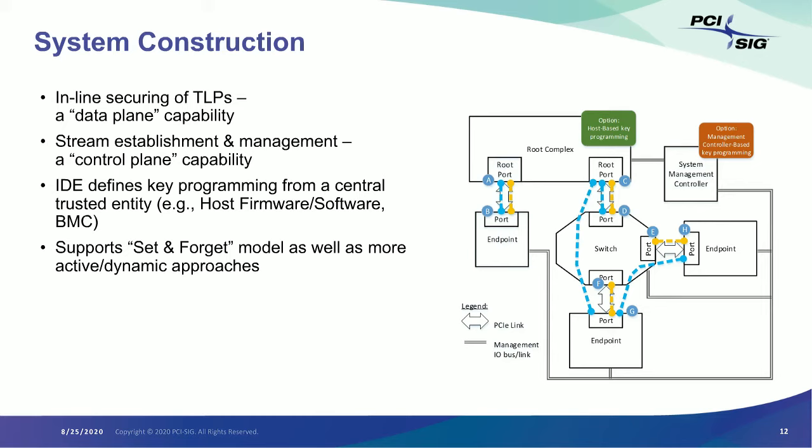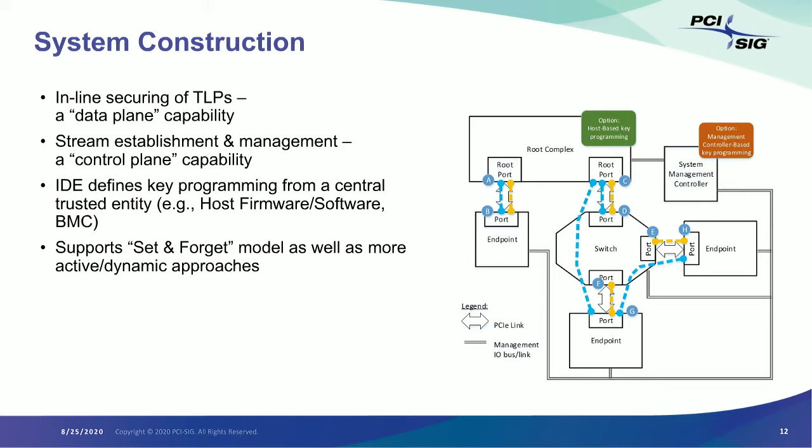A different way of doing it, which is shown in the rust-colored box here, is that you could also have a system management controller, BMC, or some security-specific platform root of trust element that has some sort of an out-of-band management link.